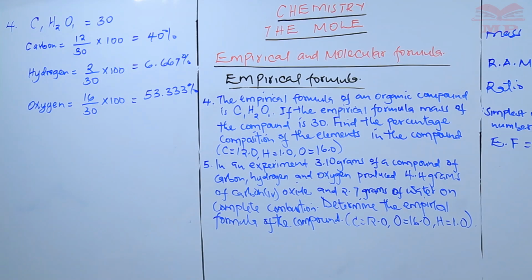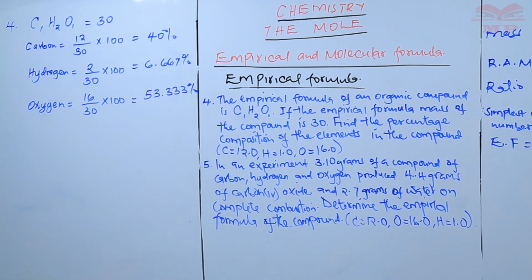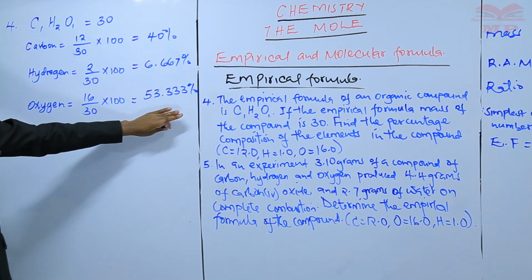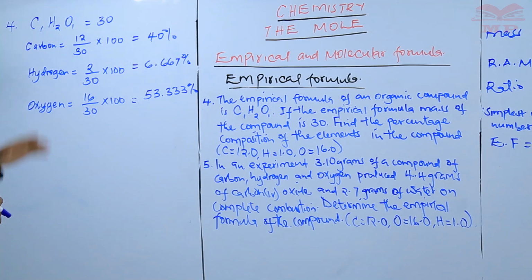Therefore, those are the percentages of carbon, hydrogen, and oxygen. When you sum them up together, they are supposed to give you 100. Therefore, 40 plus 6.667 plus 53.333 gives you 100. There are three elements in this compound.